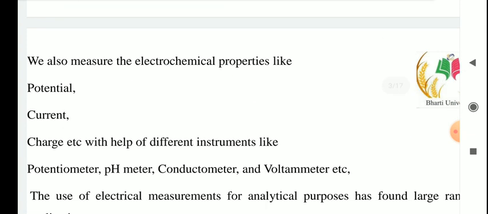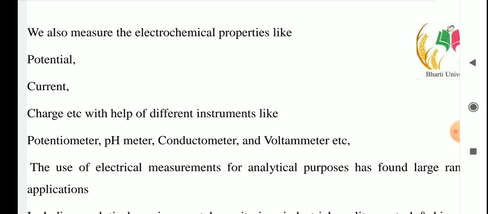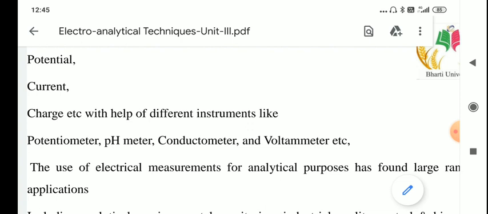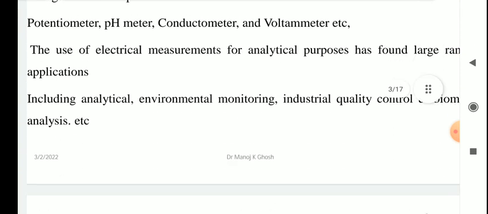We also measure electrochemical properties like potential, current, charge, etc. with the help of different instruments like potentiometer, pH meter, conductometer, voltmeter, etc. The use of electrical measurement for analytical purposes has found a large number of applications, including environmental monitoring, industrial quality control, biomedical analysis, including analytical chemistry.